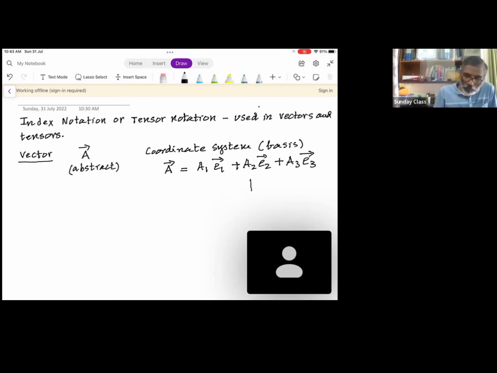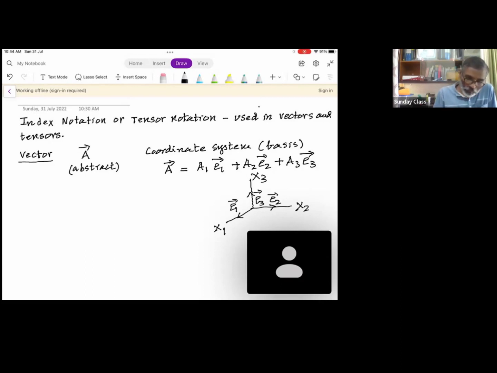You may recall that we have a coordinate system represented in this fashion. Let's say this is the x1 axis, x2 axis, x3 axis. E1 is the unit vector in this direction, E2 is the unit vector in this direction, and E3 is the unit vector in this direction. Then we can write this in components.